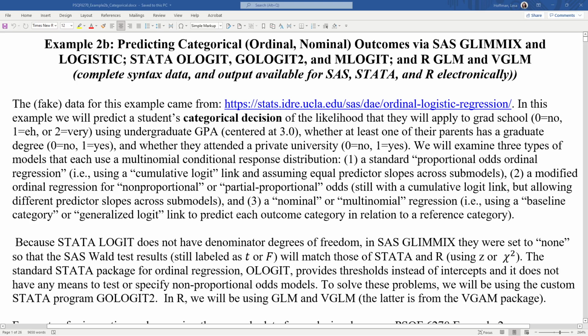I couldn't figure out why my code was wrong, and then I realized that's because I ran logistic instead of logit.